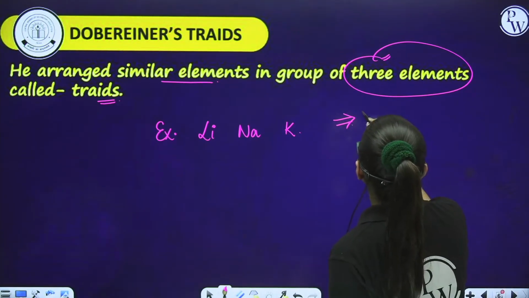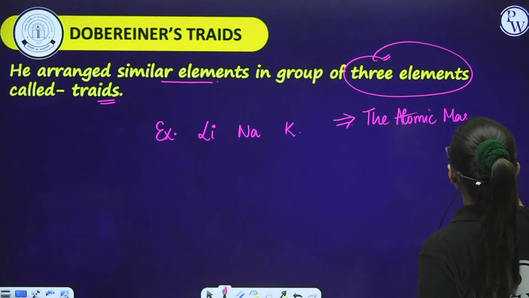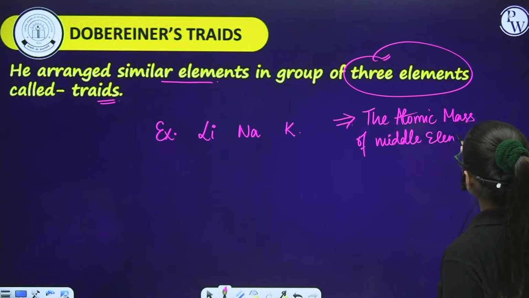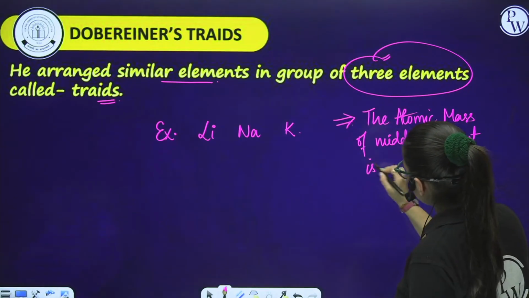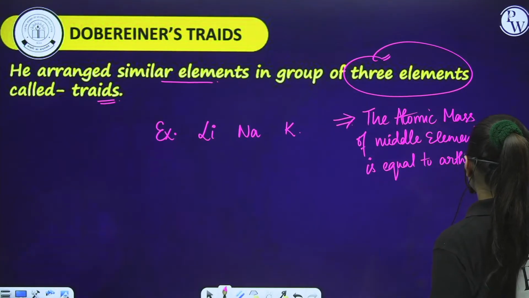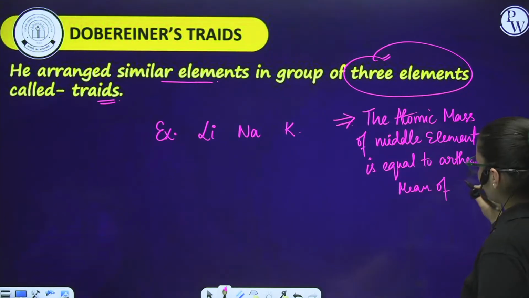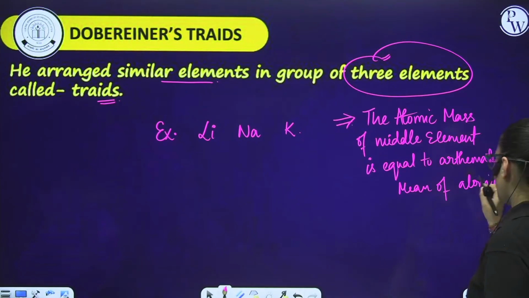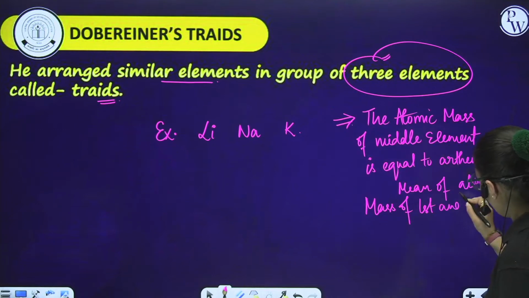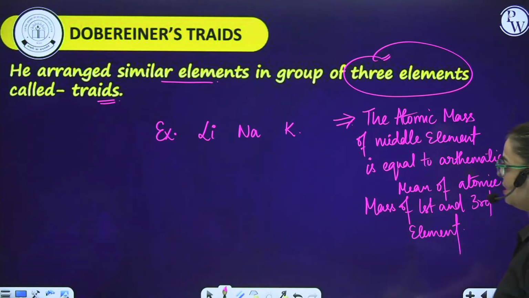Basically, it is that the atomic mass of the middle element is equal to the arithmetic mean of the atomic mass of the first and third element.